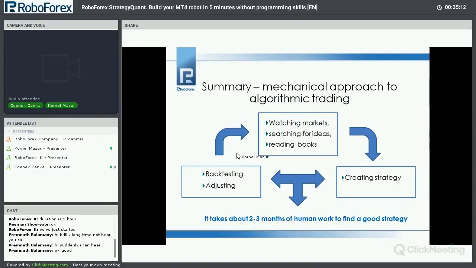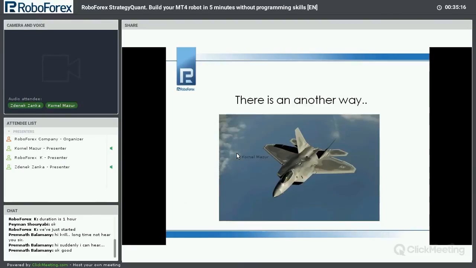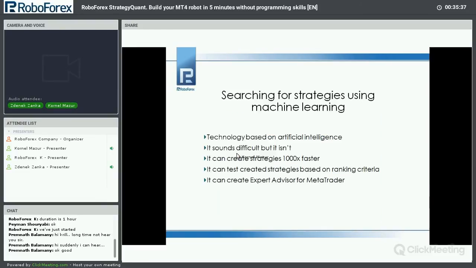But we have more possibilities here, which is another way. I put here this crazy fast supersonic fighter because the technology which I will show you in a minute is something like this. So let's continue.